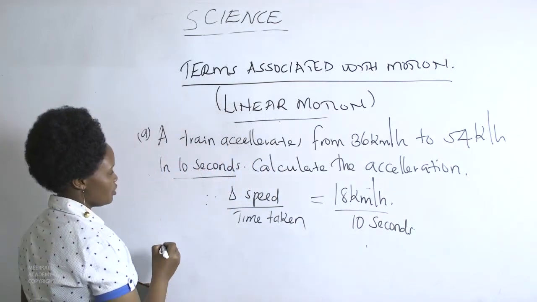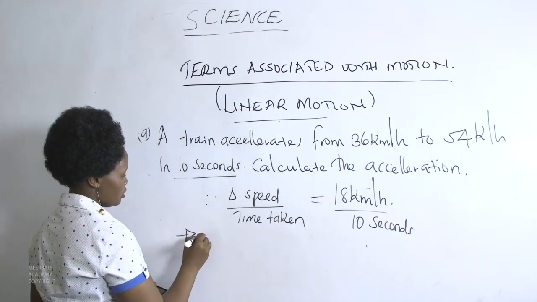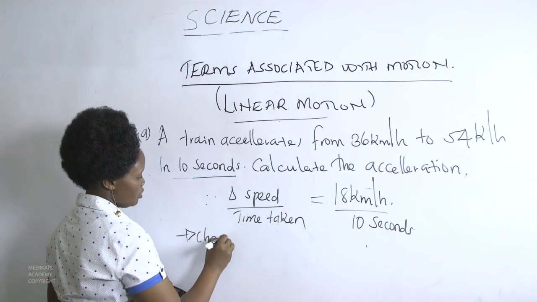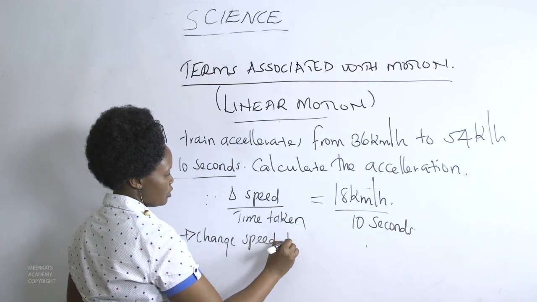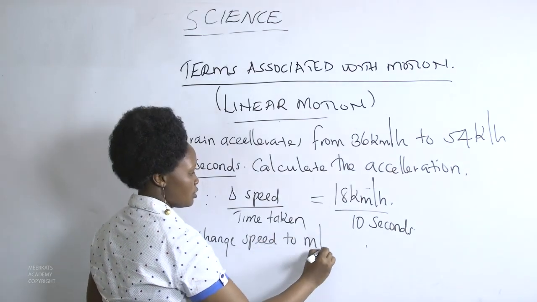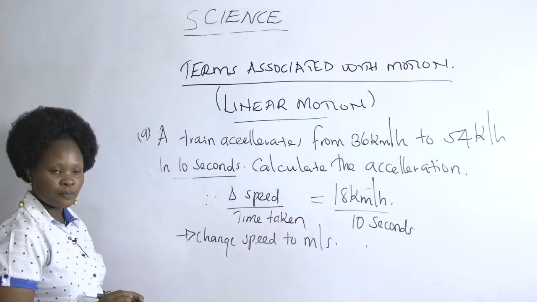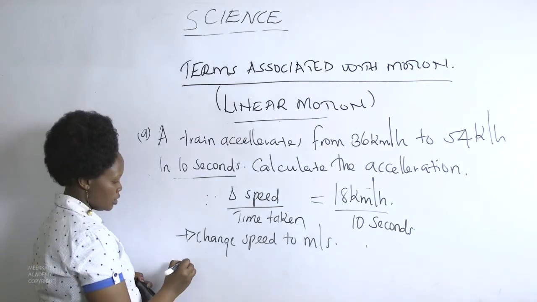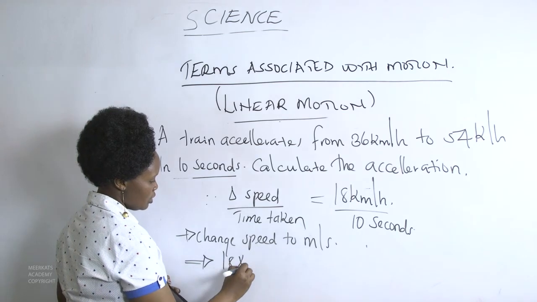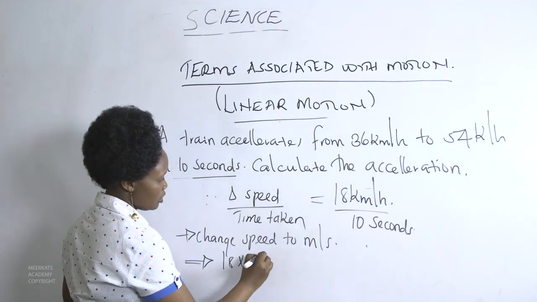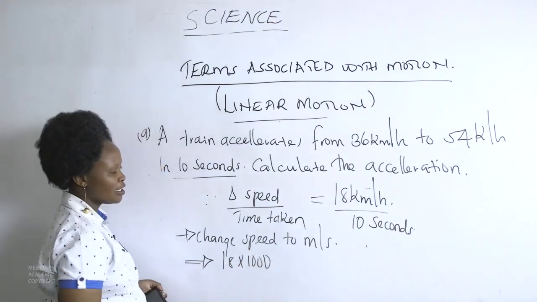We first change speed to meters per second, which will be given by 18 times 1,000. 18 are kilometers.